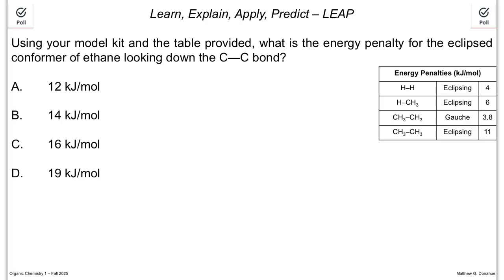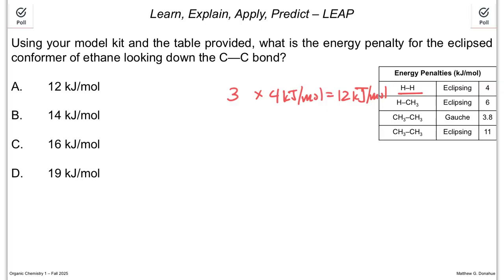So that energy penalty listed in the menu here were HH. So there were 3 of them. So the eclipsing interaction has a penalty of 12 kilojoules per mole.